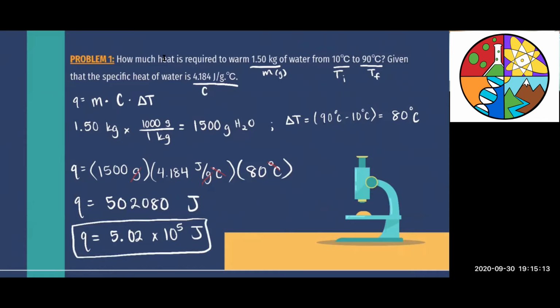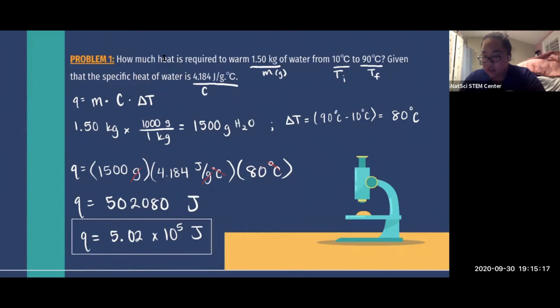But is it negative or positive? In this case, it is positive. We're not doing any relation to heat being released or absorbed yet, but if you look at this, how much heat is required to warm? If you're putting heat into a system, heating it up, heat is going into it and not out of it.